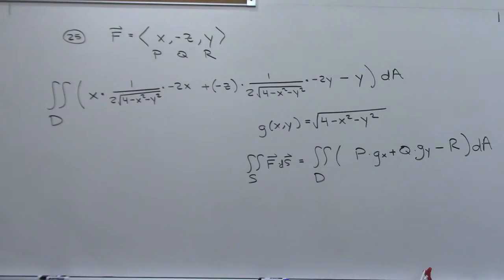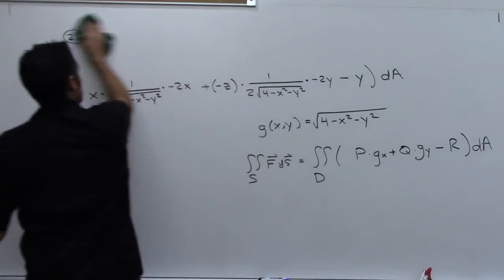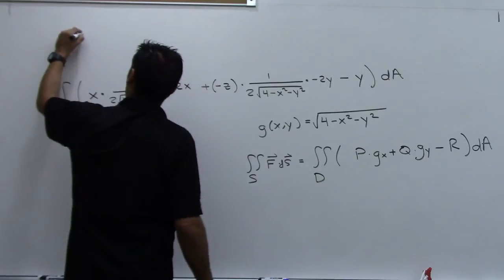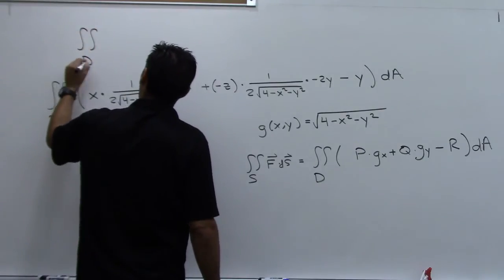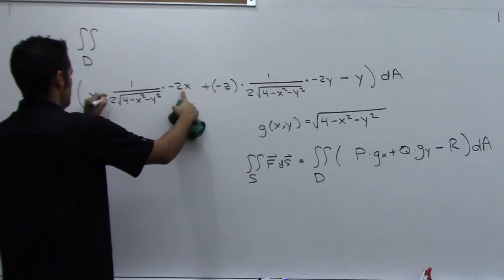I agree with that. I'm wondering if I should clean this up. Yeah, let's clean this up just a little bit. This will be the double integral over D, x and x here, and then these twos cancel.